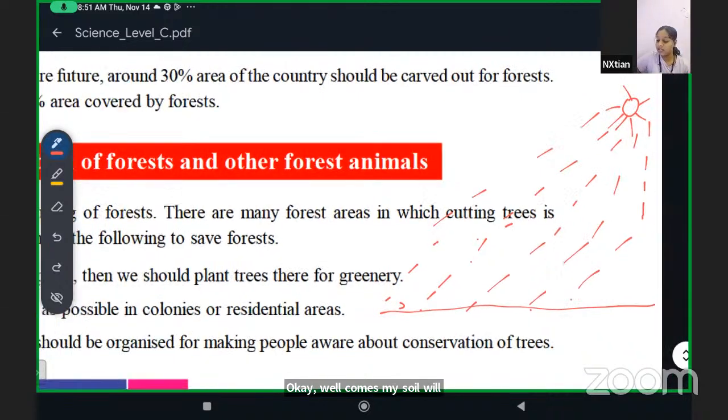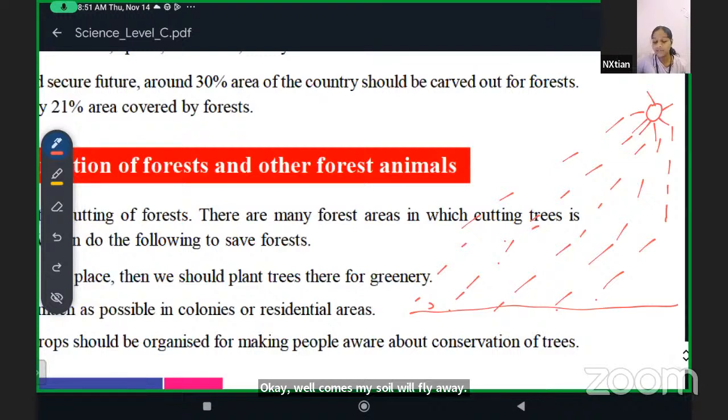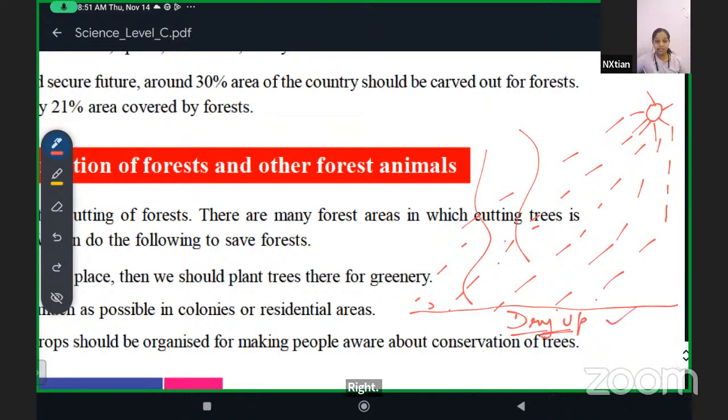Then the land will dry up because sun rays are directly falling. If the sun rays are very strong, then the evaporation will increase, which will dry up my land, causing drought. Okay, so this is how the trees also protect our land from droughts.